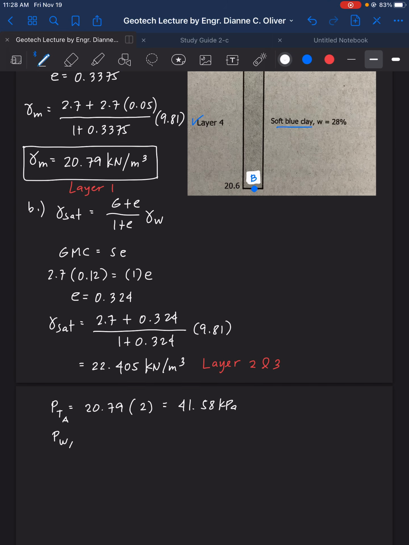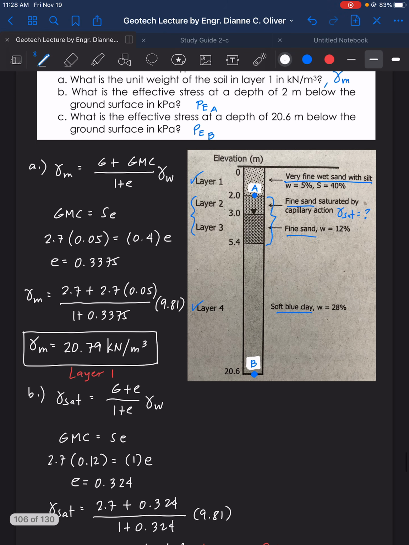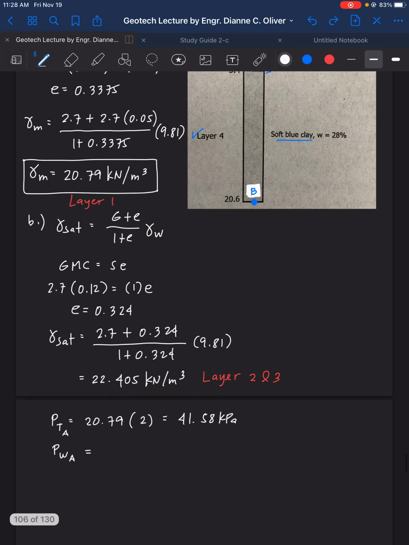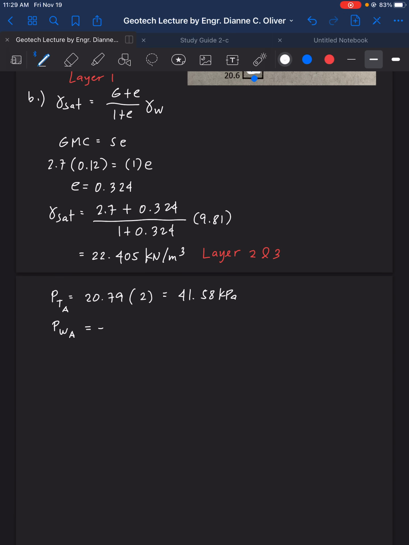P water A is equal to, so we cannot do the shortcut. We're not doing the shortcut when there is a capillary zone involved. Now, since point A is located 1 meter from the water table, PW is negative, so gamma water times H, negative 9.81 times H of 1.